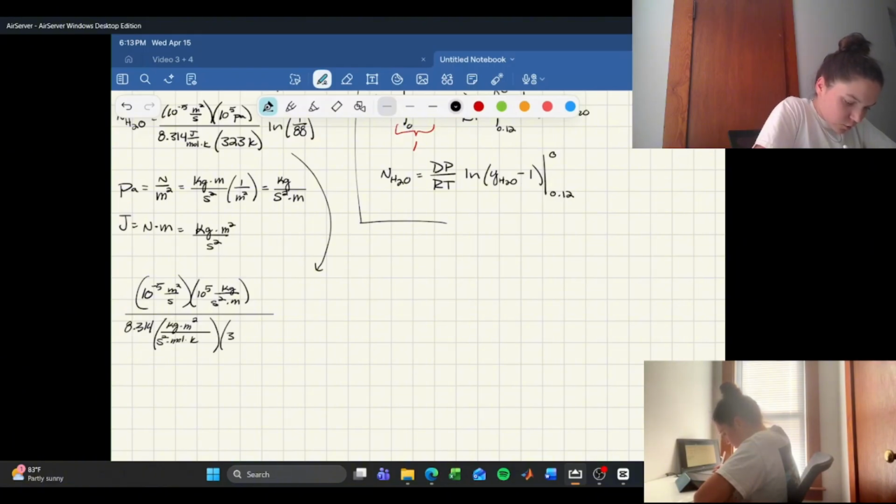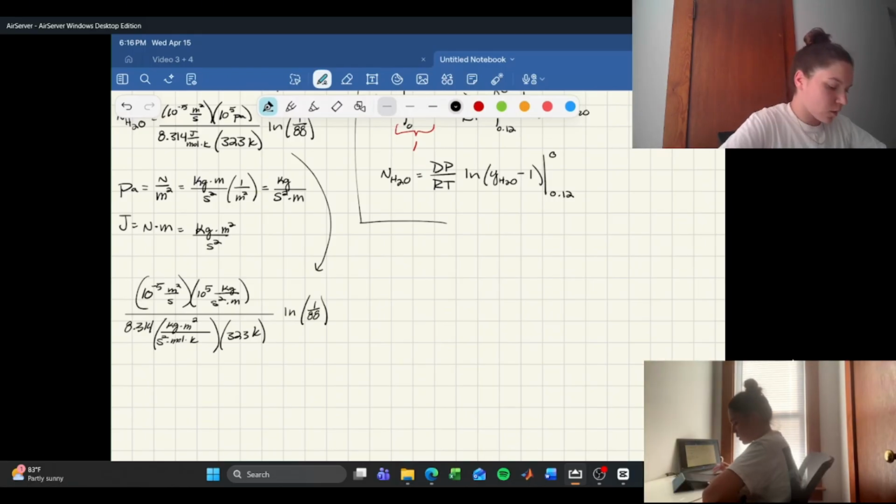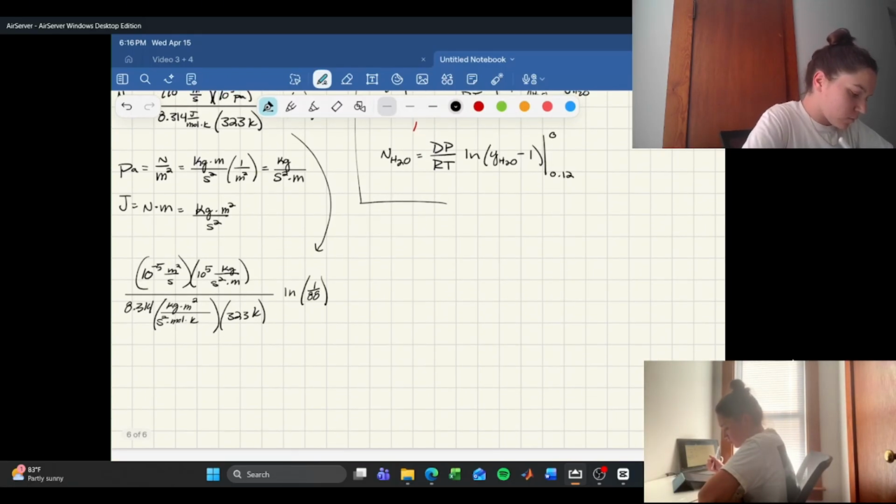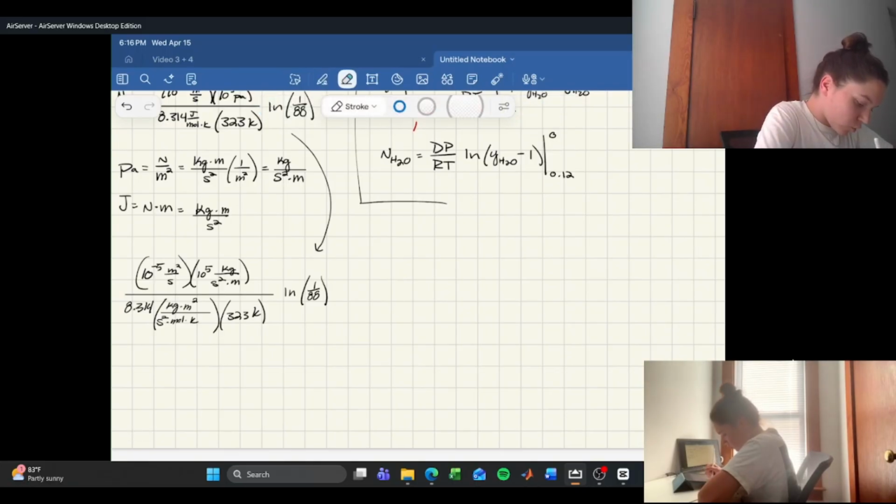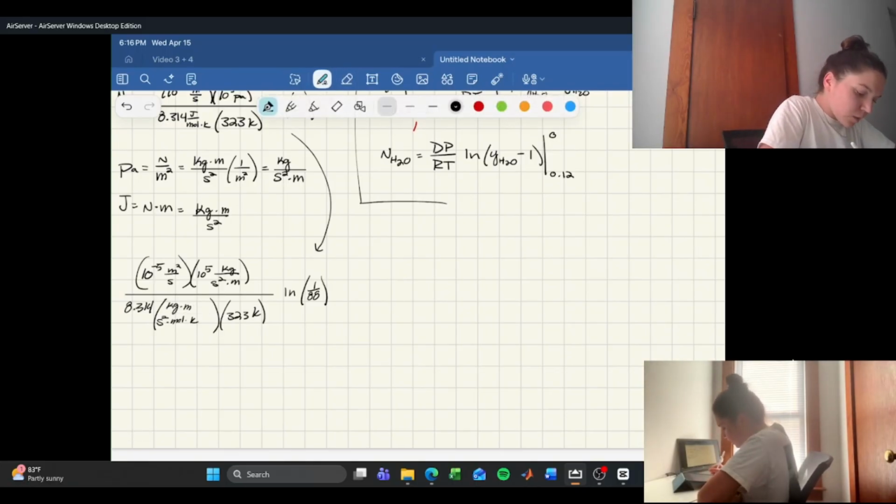It's going to be times 323 Kelvin times natural log of 1 over 88. Okay, and then I wrote this one wrong, so let me change that.